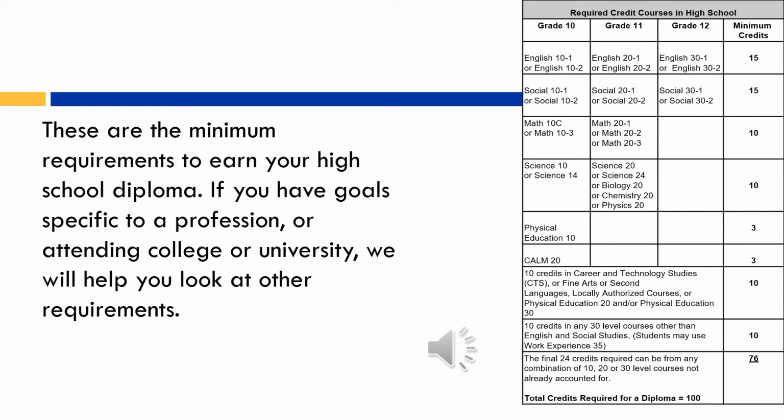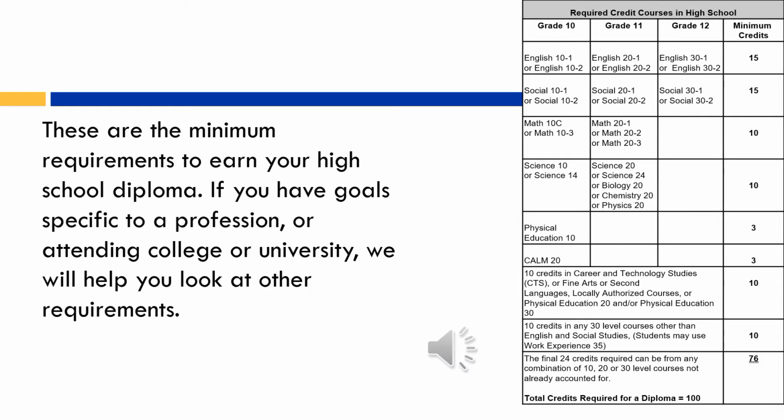Moving on, you will also need 10 credits in a grouping, whether it be career and technology studies, fine arts, so that can be band, choir, or arts, second languages, which at our school is French, other locally authorized courses, or physical education 20 or physical education 30. And then as well, you'll also need 10 credits additional at the 30 level, other than English and social.